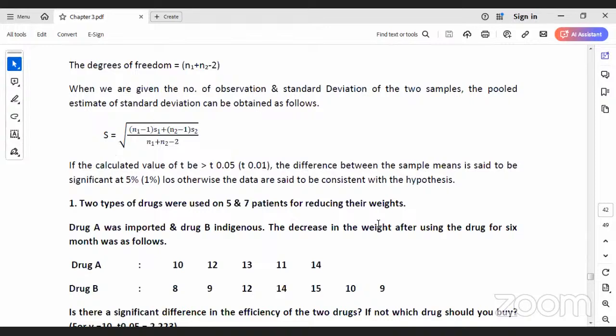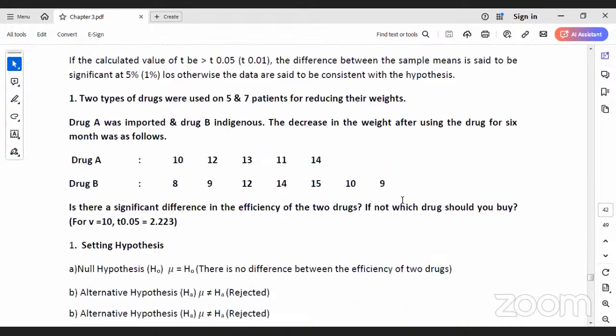Right. So two types of drugs were used on 5 and 7 patients for reducing their weight. Drug A was imported and drug B was indigenous. The decrease in the weight after using the drug for 6 months was as follows. Drug A: 10, 12, 13, 11, 14.